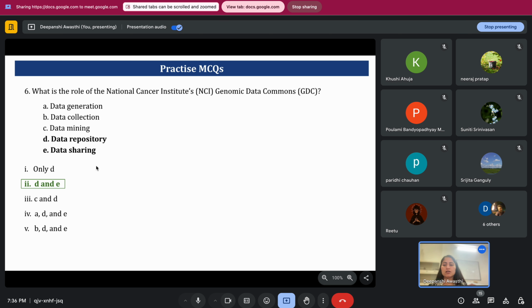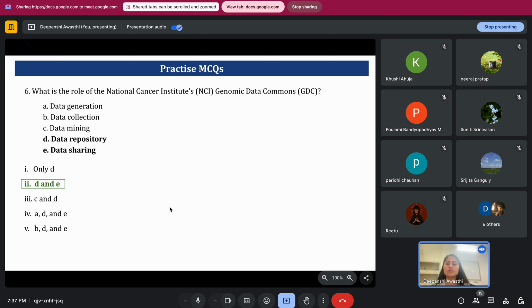So it is not going to collect it, but it is already having the data which is being uploaded to it. So yeah, the data collection is kind of misleading here, but the correct option is data repository and data sharing, which already contains the data which is present in it, and then it will share the data, and it is not going to collect the data.